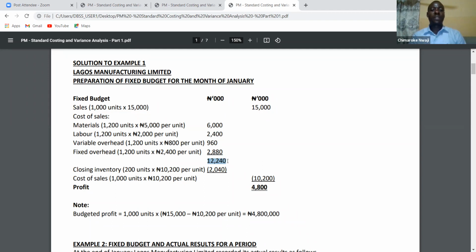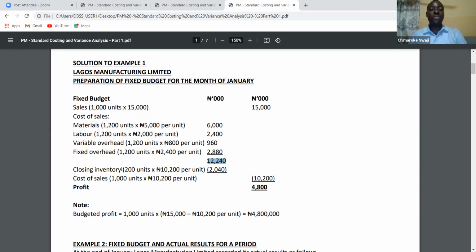But now, there is a difference between the quantities we produced and the quantity we sold. We produced 1,200 and we didn't sell all, we sold 1,000. So by simple arithmetic, our closing stock will be a remainder of 200 units.